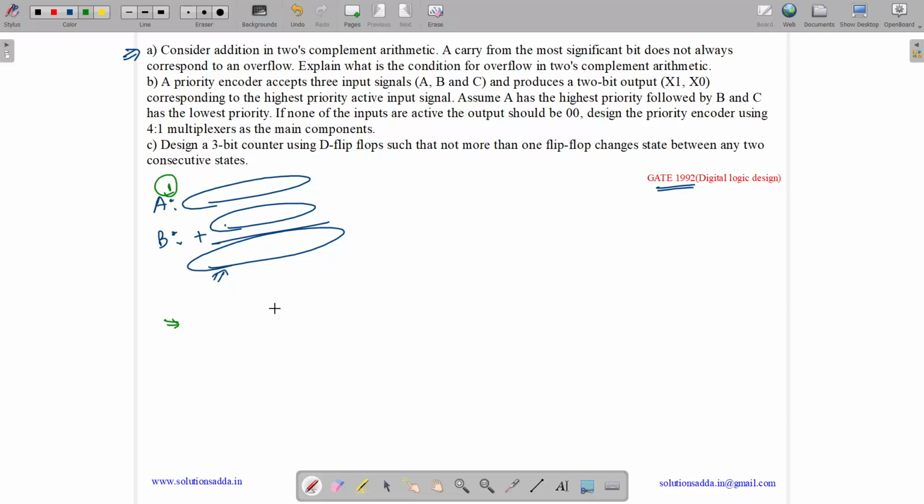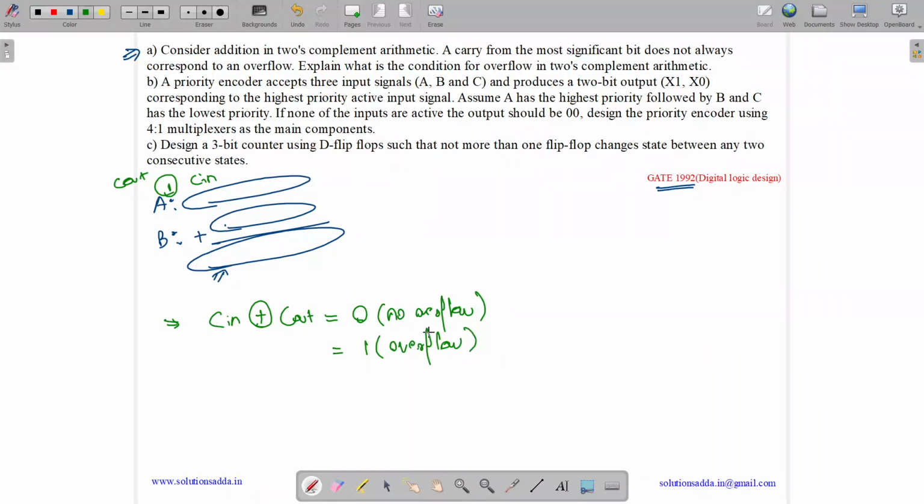We can say that the overflow equals C in XOR C out, where C in is the carry into the most significant bit and C out is the carry out of the most significant bit. If its value is 0, it means no overflow. And if its value is 1, it means overflow is there.